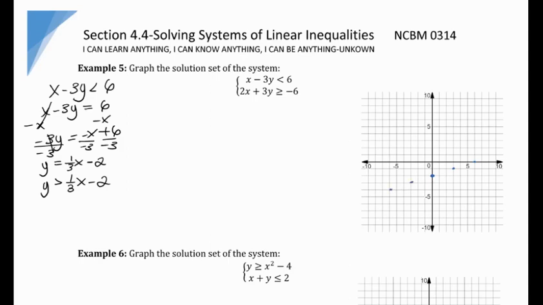And again, this is a dashed line. Okay, so for this inequality, it says greater than, so that means we're going to shade above. So we're going to be shading on this side of that line.